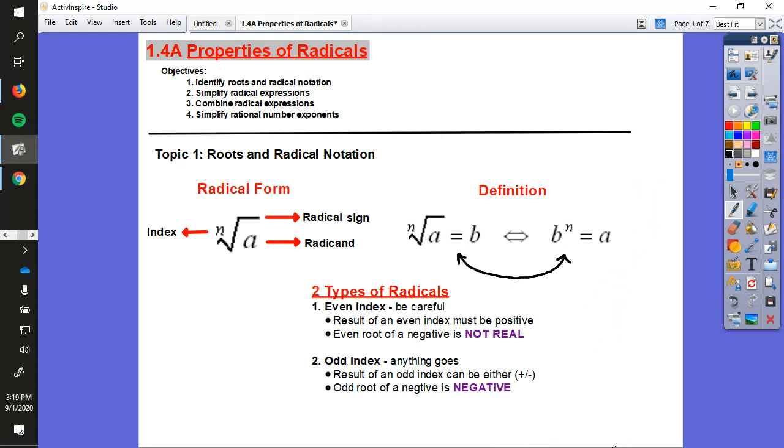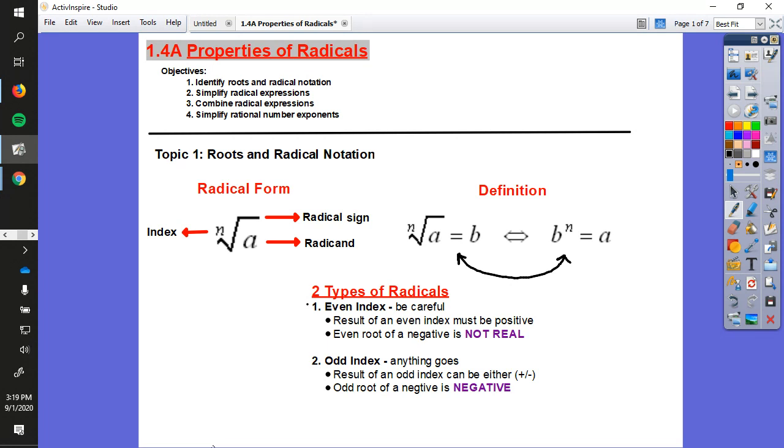There are two types of radicals we look at: even indices and odd indices. When it has an even index, we want to be very careful because it requires certain things to be true about solutions and what's inside the radicand. So we want to slow our thought process down with even indices.